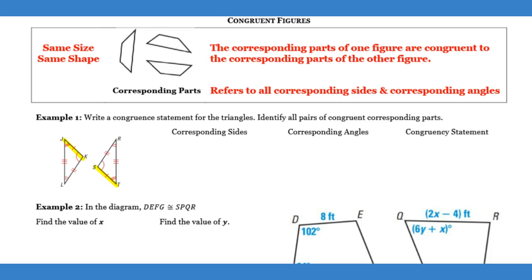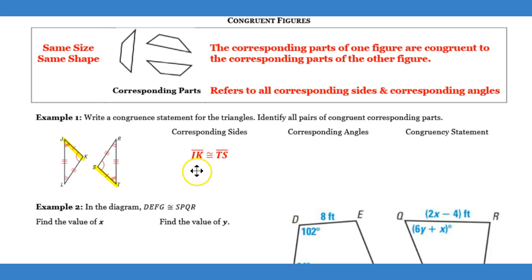It's important that I go from the same direction. So J is congruent to T, so that's why when I listed JK, I start with the angle T when I list the TS side.